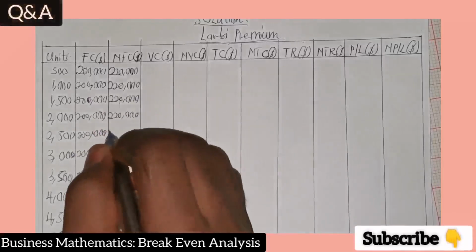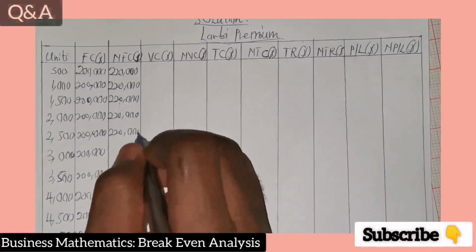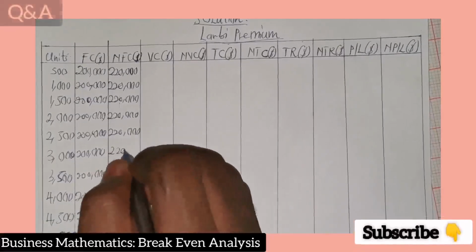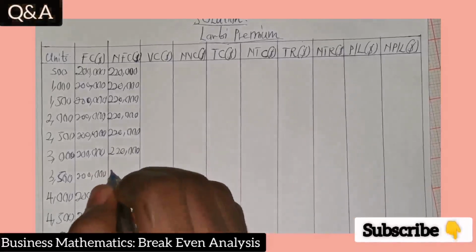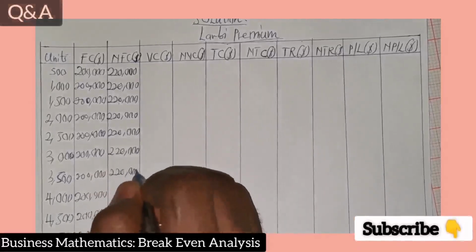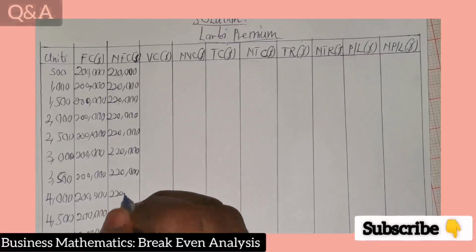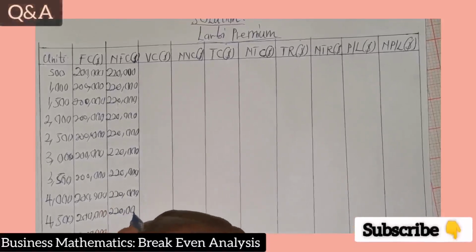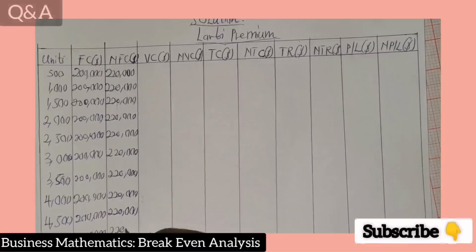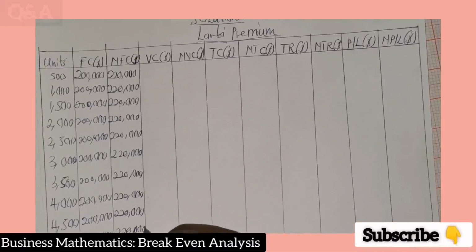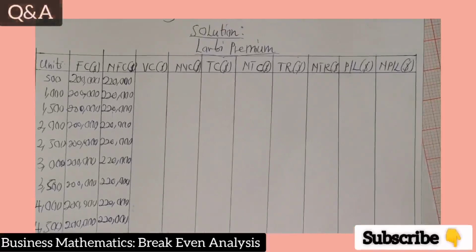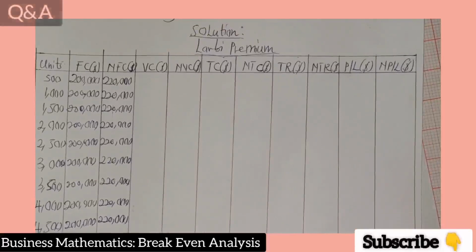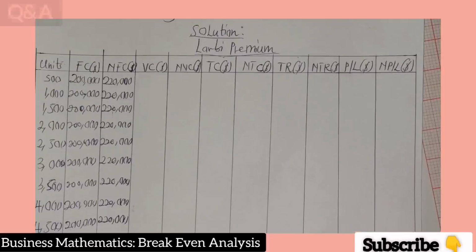So the same is going to be recorded here at various activity levels, and lastly 220,000. That is my fixed cost. Fixed cost, whether you produce or not, you won't care. So you take note of that.